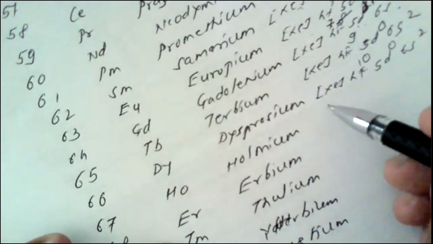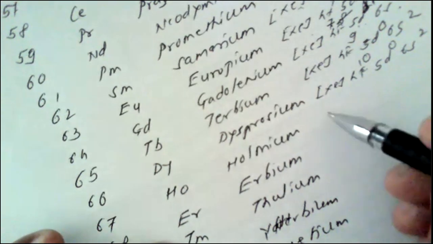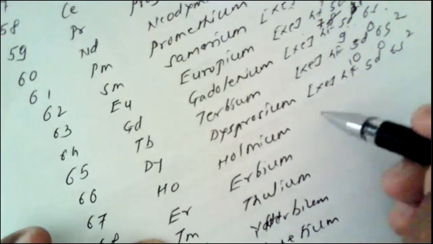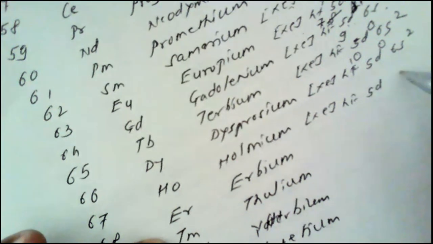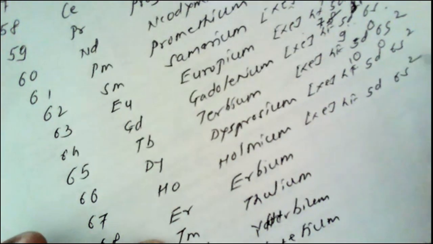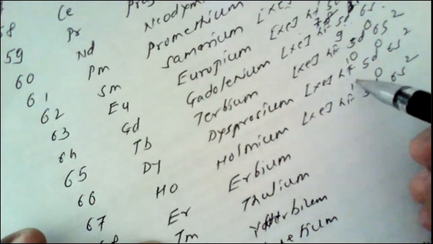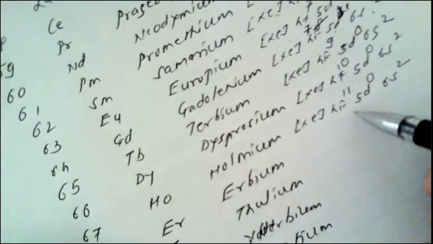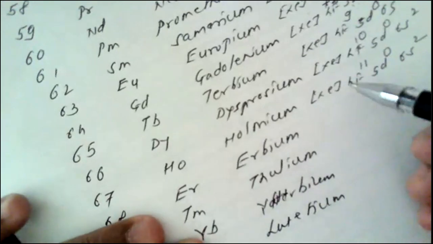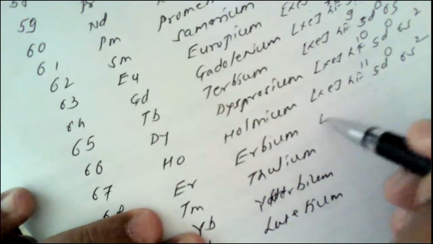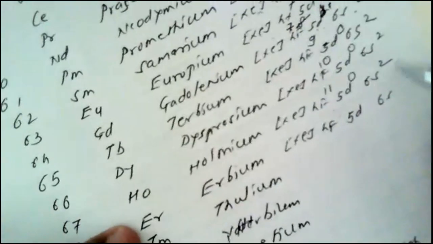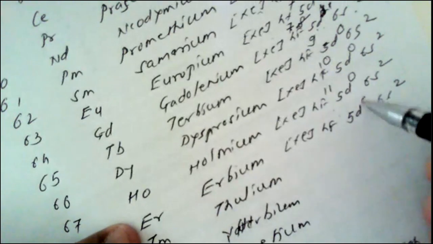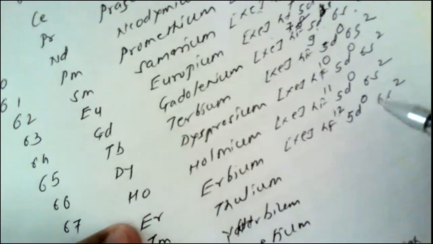Then come to holmium. Holmium, now xenon 4f 5d 6s: 6s2 5d0 4f11. So 56 plus 11 is 67. Come to erbium, xenon 4f 5d 6s: 6s2 5d0 4f12.